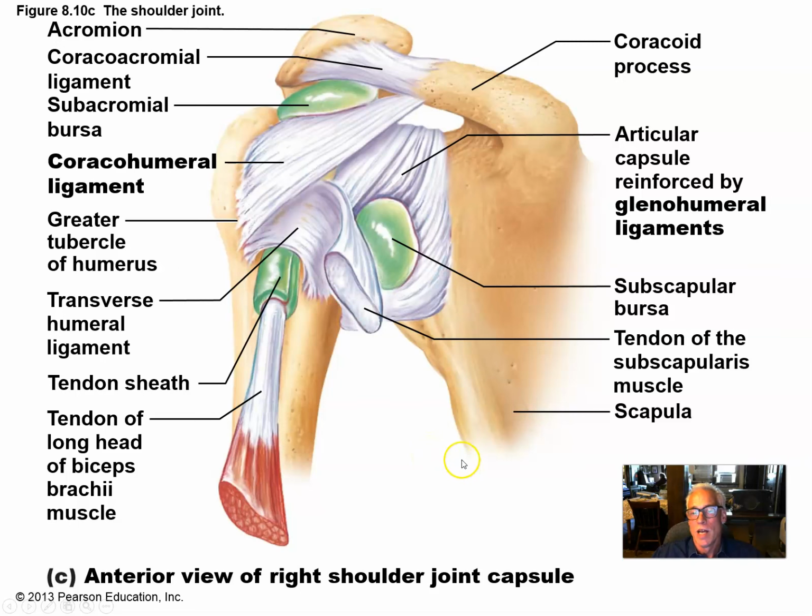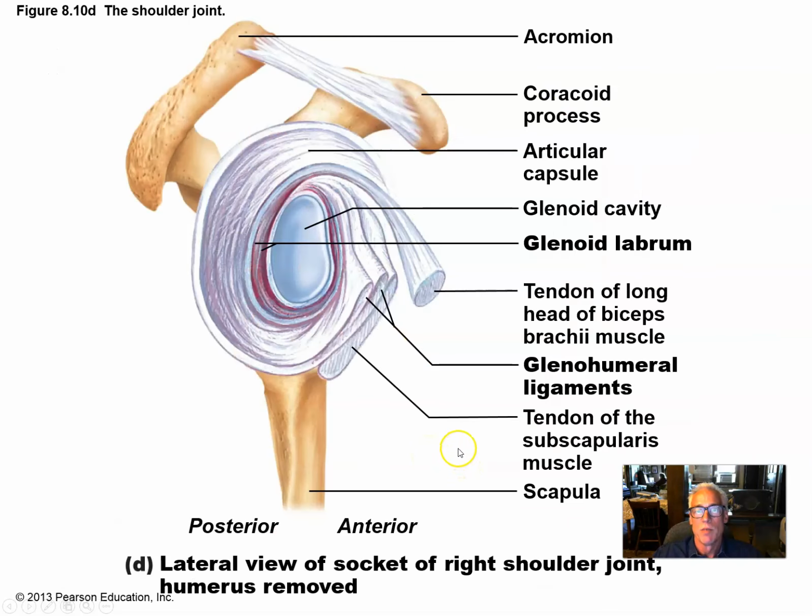Very important to have some muscles that can provide stability for that joint. Here's another look at the glenoid fossa of the glenohumeral joint. You just remove the humerus altogether from the situation. Here, this surrounding connective tissue around the joint that's continuous with the joint capsule is called the labrum of this ball and socket joint.